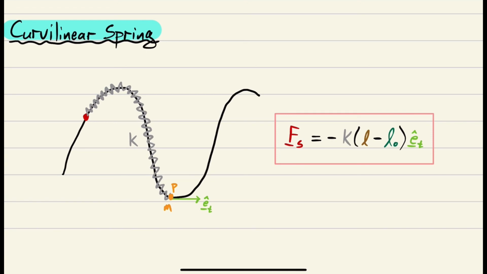And the force is always going to be either in the positive or negative e sub t direction, because that is where the spring is attached, and that is the only direction the force can be applied.